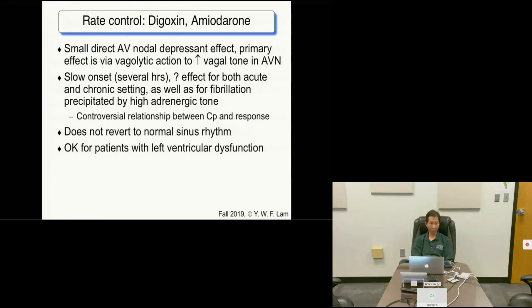In addition, digoxin has a relatively long half-life, on average about 36 hours in patients with normal kidney function, so it's a very slow onset, and it basically doesn't really revert the patient back into normal sinus rhythm.